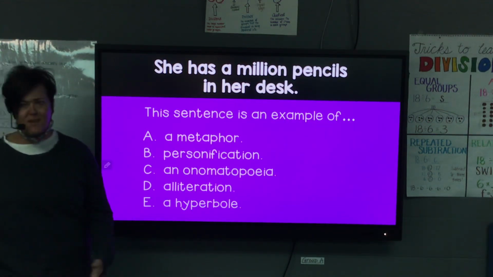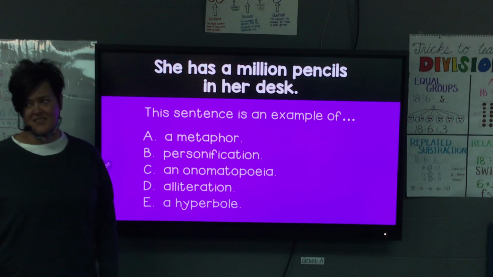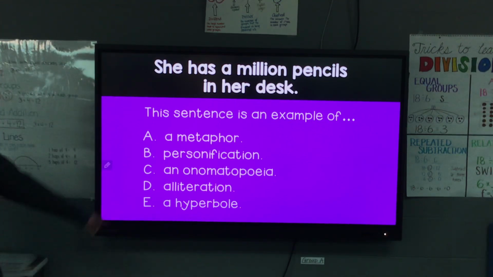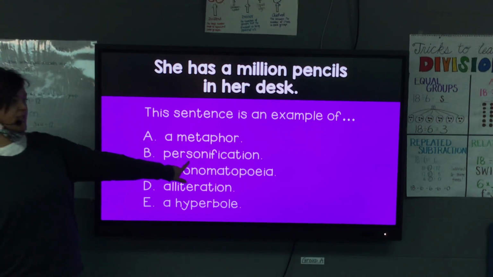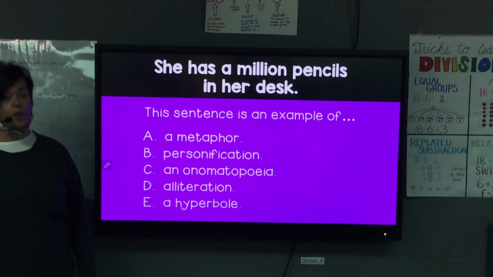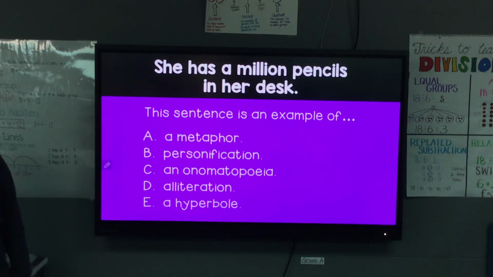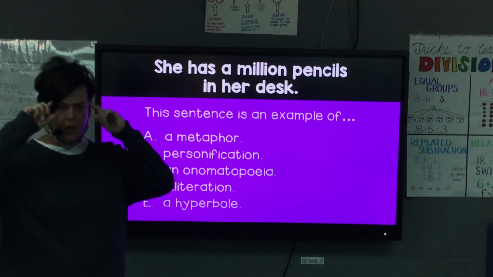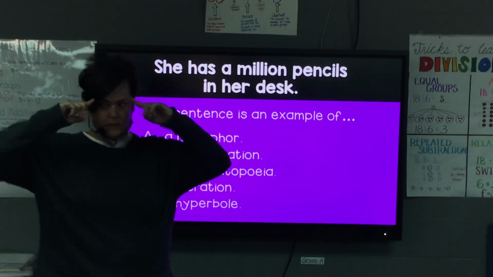She has 1,000,000 pencils in her desk. Metaphor, personification, onomatopoeia, alliteration, hyperbole. Don't let people see what you choose, because we have some people not using their own brain.